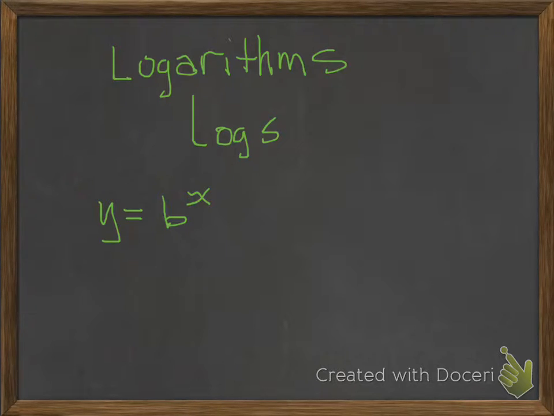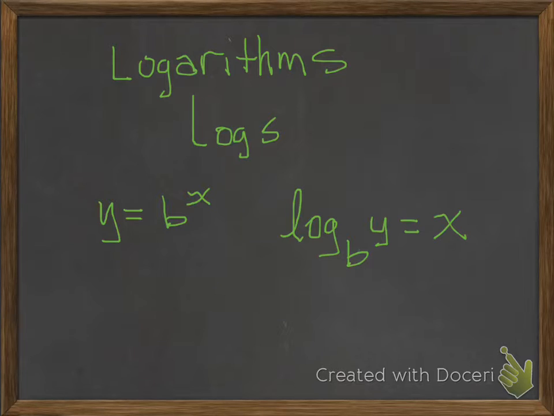Every exponential function has a logarithmic function associated with it. So the logarithmic function associated with this exponential function would be written like so. We'd write log, and then the base of the logarithm goes right here. It's what we call a subscript. Log base b of y is equal to x.